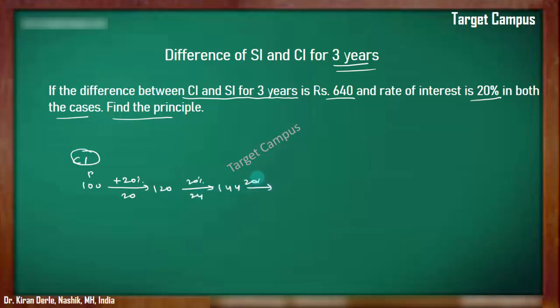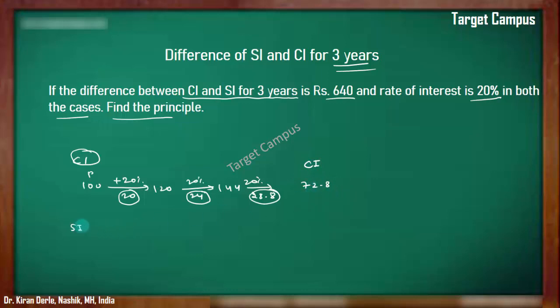Again for the third year, 20% on this amount, that becomes 28.8. So the total CI is 60 plus 12.8, that is 72.8. This is the value of CI for 3 years, 72.8.